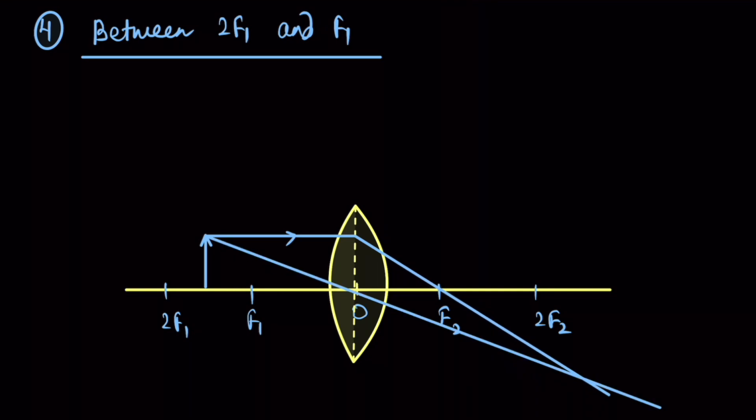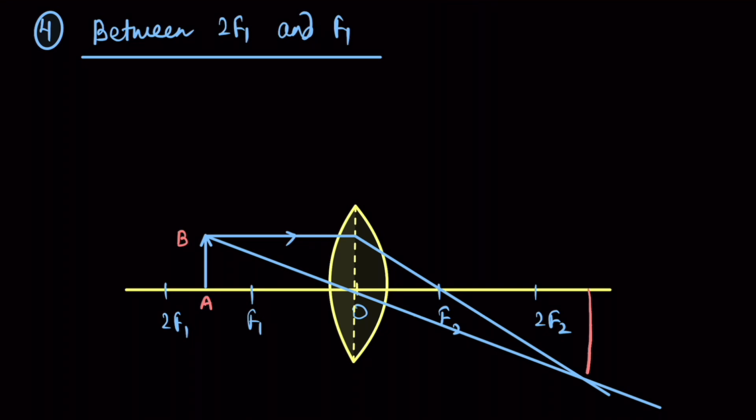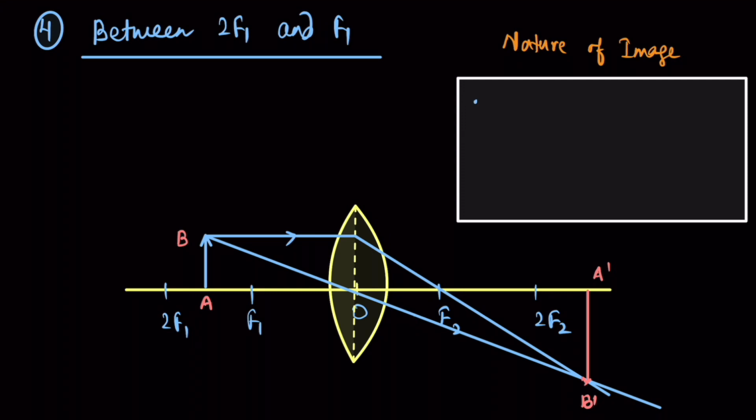So if this is our object position AB, the image is formed at A1 and B1. And the image is beyond 2f2. It is real and inverted because the image is formed on the right side of the object. And it looks like it is magnified.